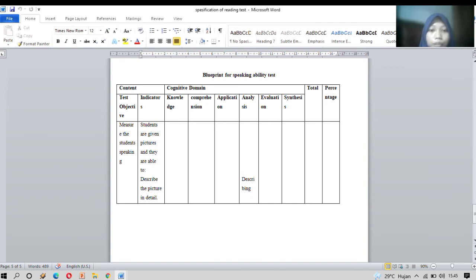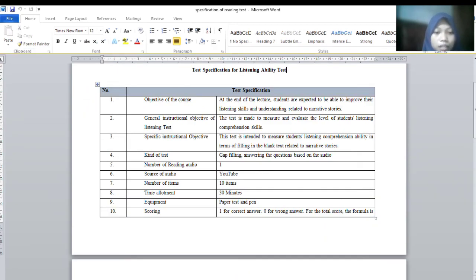And then for cognitive domain is analysis, namely describing. Yeah, this is the specification test for speaking ability test. And the next specification is listening ability test.